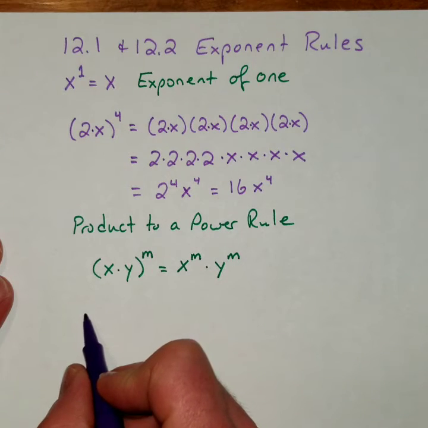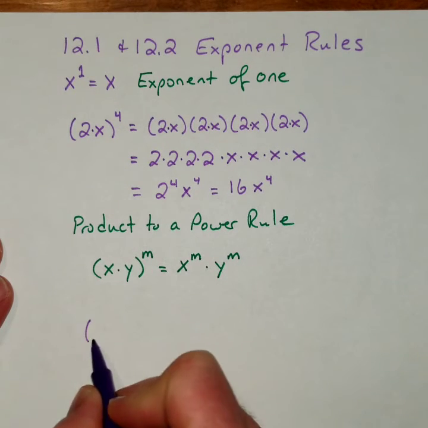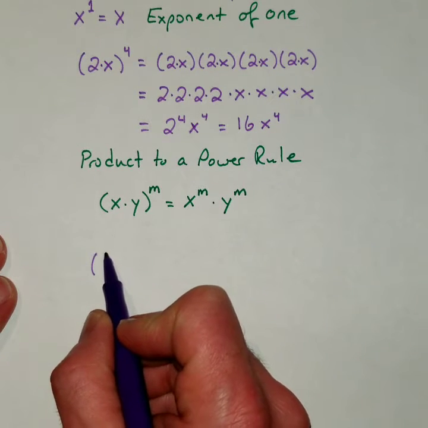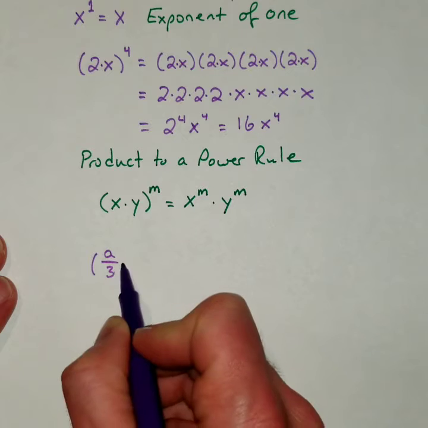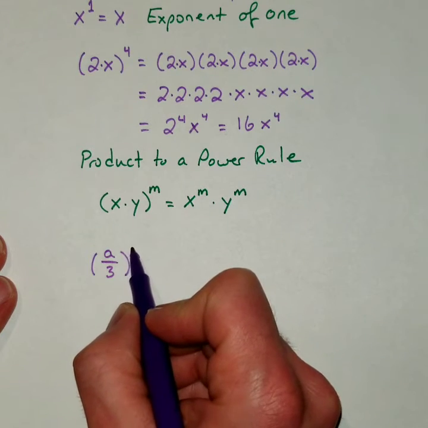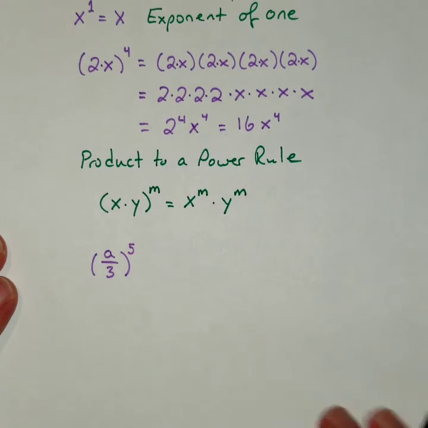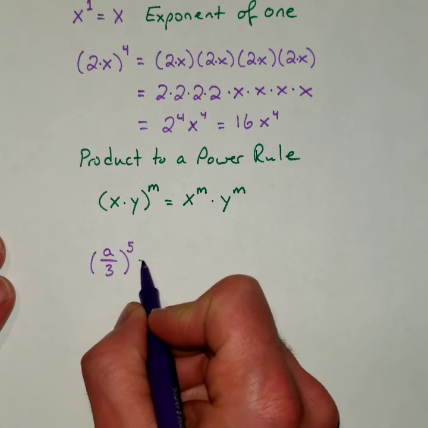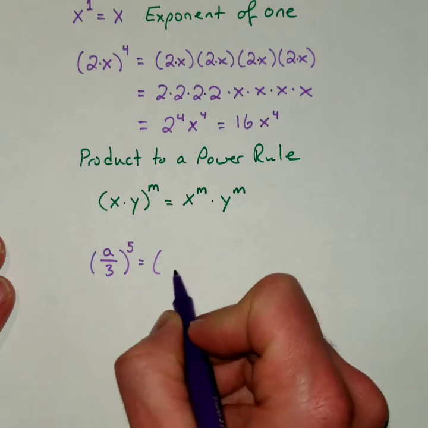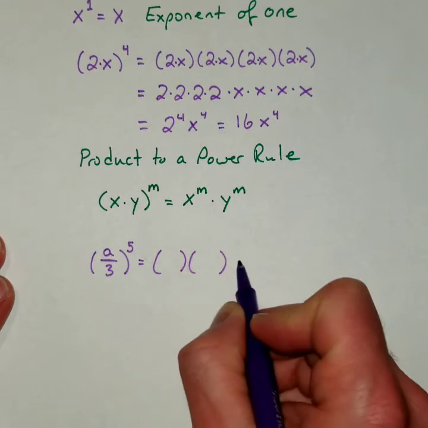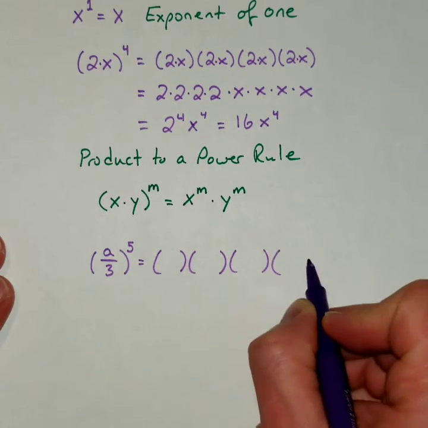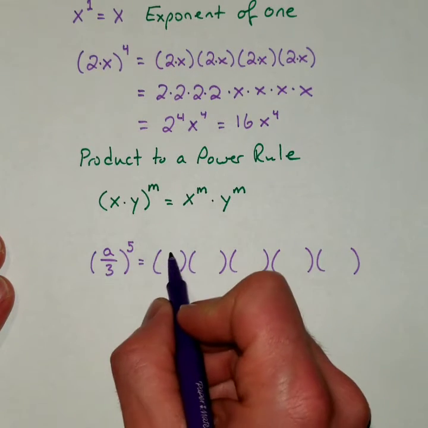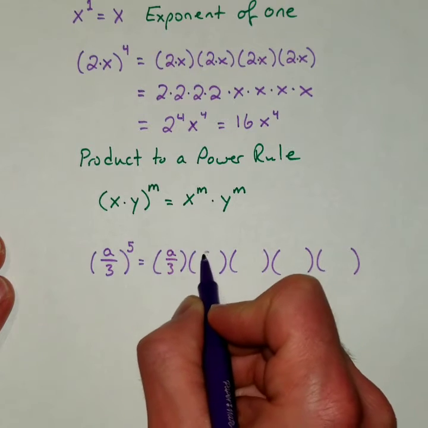And so if I had a quotient like a over 3 and raised that to the 5th power, then essentially any fraction raised to a power, again using repeated multiplication, is going to be 5 copies of that thing. 1, 2, 3, 4, 5. So 5 copies of a over 3.